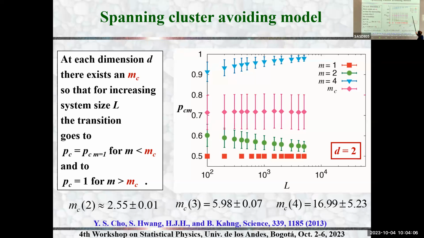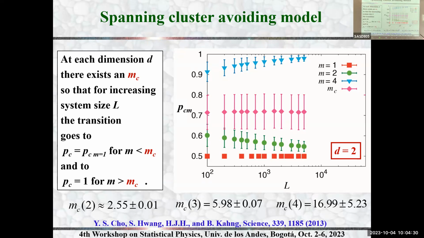And then for a larger M, for instance M equals 4 here, what happens is that my transition moves closer and closer to 1. And at the end, it becomes 1. So that is like the same as in bridge percolation, that you have essentially no transition because it's at 1.